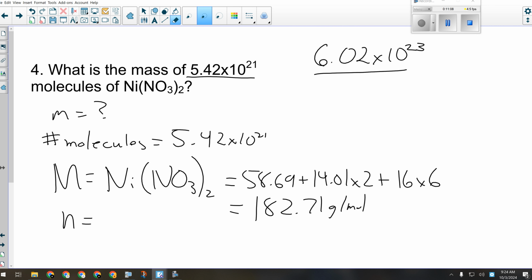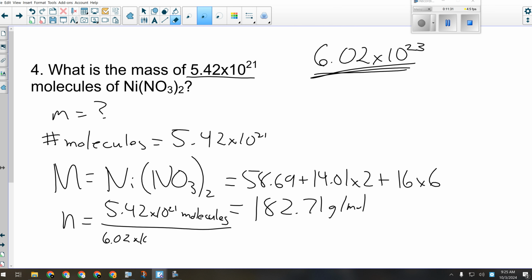All right, if I'm going to get little m, I need the number of moles. I can get the number of moles by taking the number of molecules I have and dividing it by the number of molecules in 1 mole. So I take the 5.42 times 10 to the 21 molecules and divide that by 6.02 times 10 to the 23 molecules per mole.